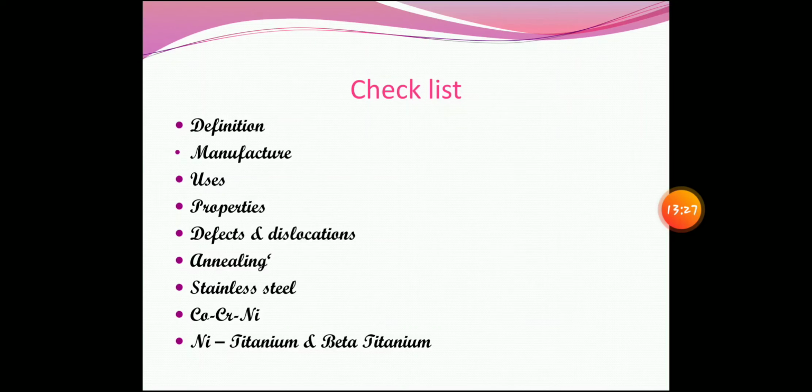Now let's checklist everything we have done till now for wrought alloys. We have read about the definition, the manufacturing process of the wrought alloys, the applications or uses, and the properties of the wrought alloys like ductility, malleability, biocompatibility, joinability. The stress strain graph will show certain properties like strength, resilience, spring back, isn't it? So everything we have learned.